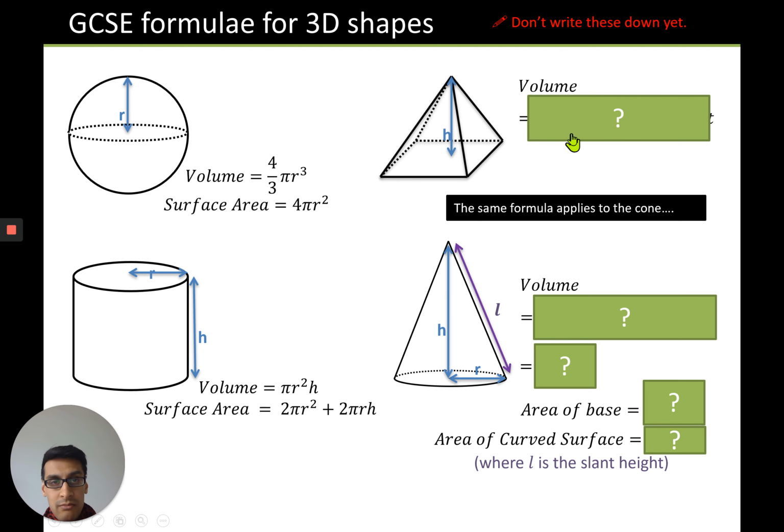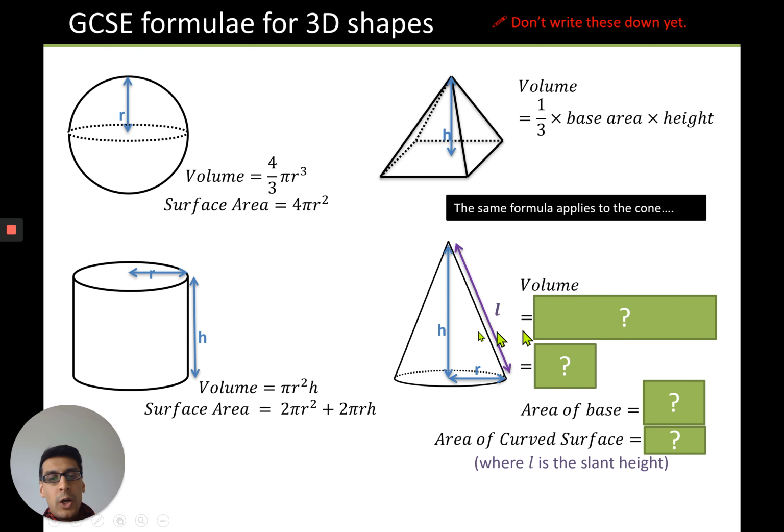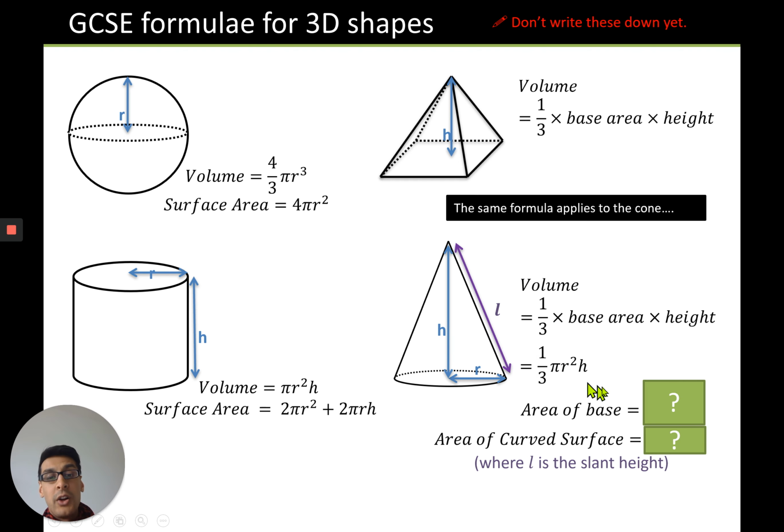For a pyramid, it's 1/3 base area times height, and the volume of a cone is also 1/3 base area times height. Now the base area is a circle, so it's pi r squared. You don't need to copy these out. Just to give you an overview, we're going to look at all of these throughout this topic.